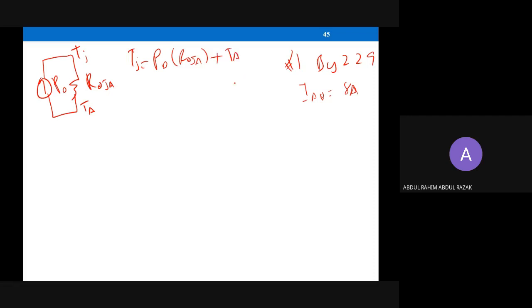And assume that for this condition, or in any of your cases, you can consider your ambient. If not given, you can assume it yourself based on your application.